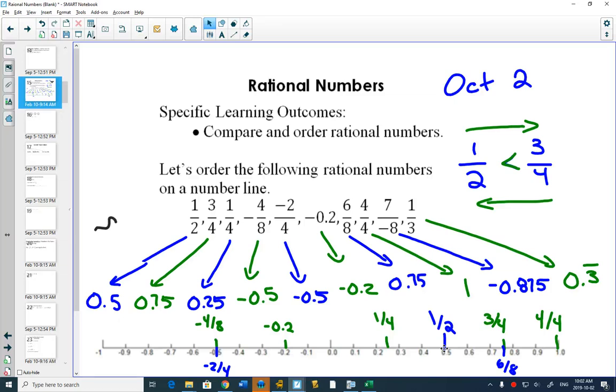If I were to label this on here, I need to figure out where between negative 0.8 and negative 0.9 I'm going to put it. Does it make sense that I put it closer to negative 0.9? Because this is 7 over negative 8, which is negative 0.875.